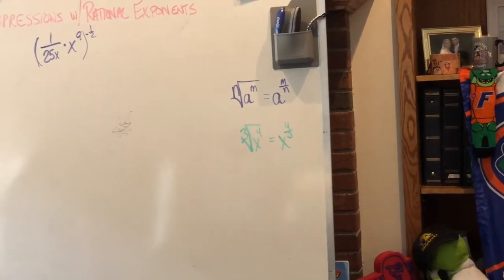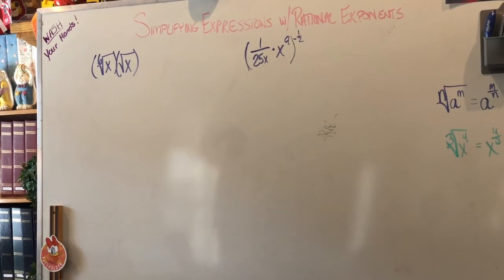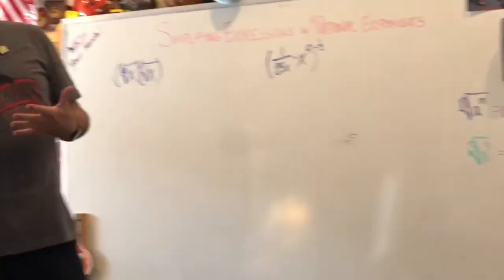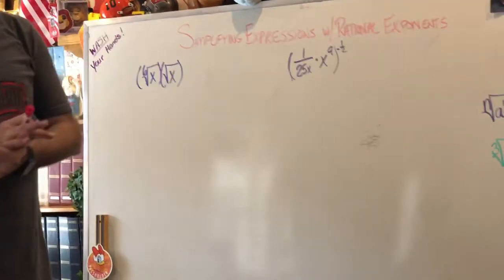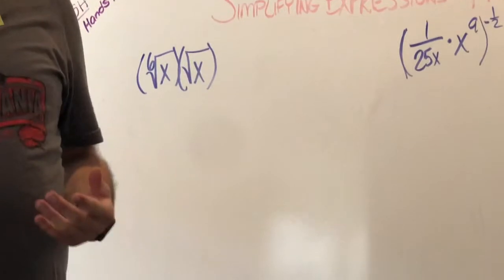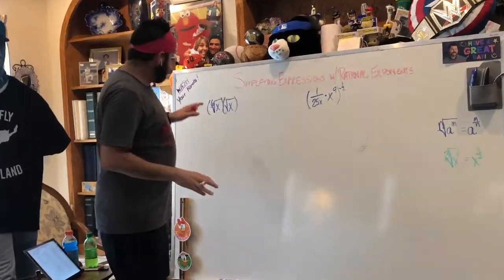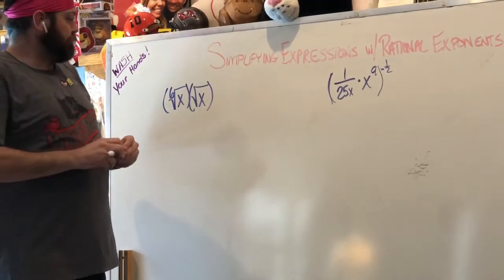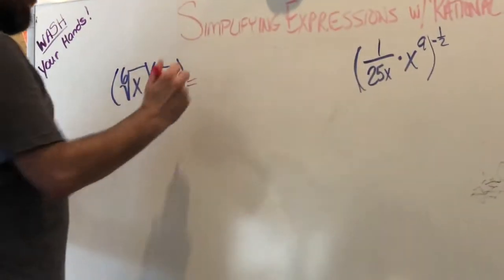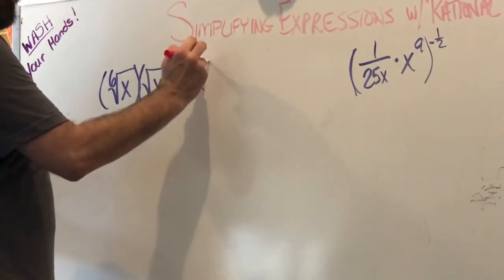So, we have right here the sixth root of x times the square root of x. Because the indexes are not the same, we can't combine the terms as radicals right now, but we can rewrite them as terms with exponents and use our properties of exponents to simplify the expression. So, the sixth root of x is x to the 1/6 power.